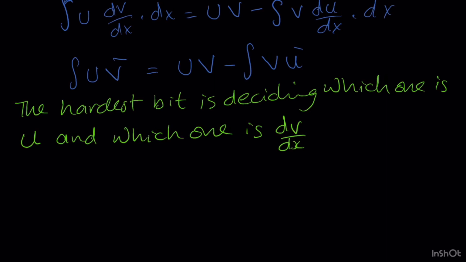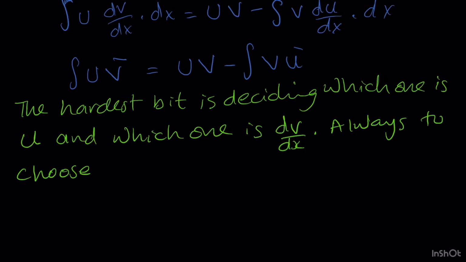So what we do is we always try to choose the one which is easy to differentiate. For example, if we have x in the integration, it's easy to differentiate x because the derivative of x is 1. So in that case, we will say let u equals x, because du is going to be easy. We just try to make it easier.